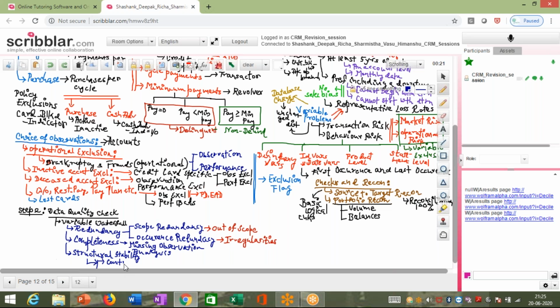For this missing observations analysis, we do a trend analysis of the missing percentage.